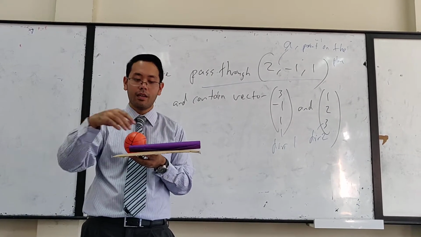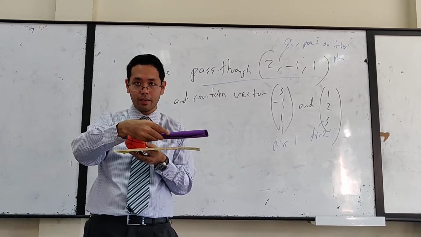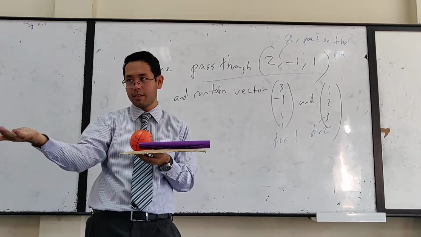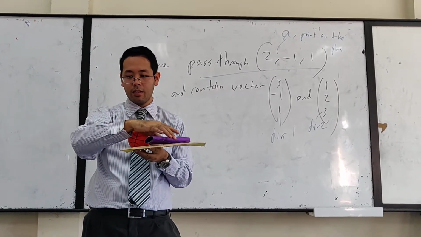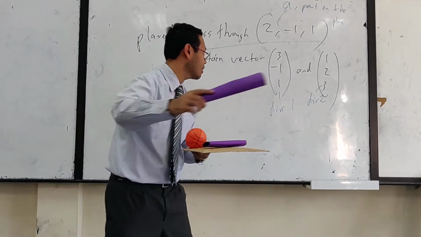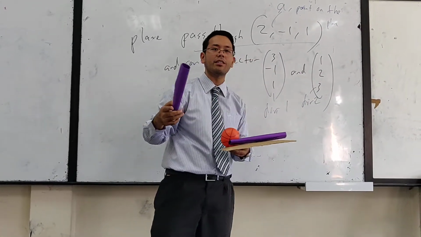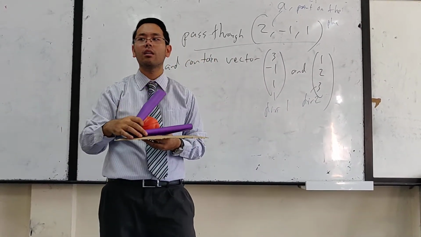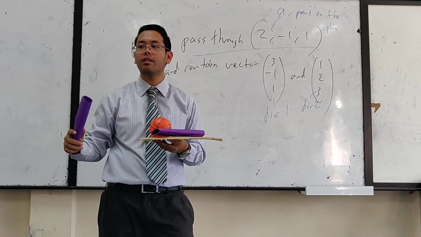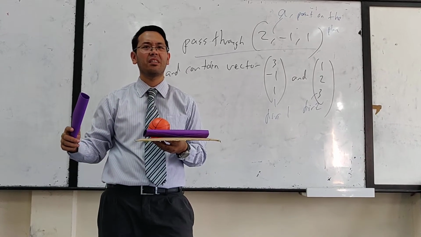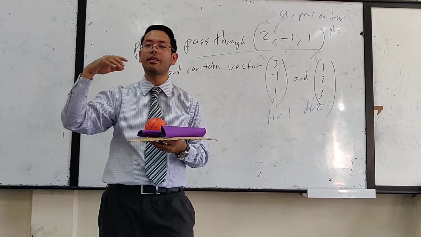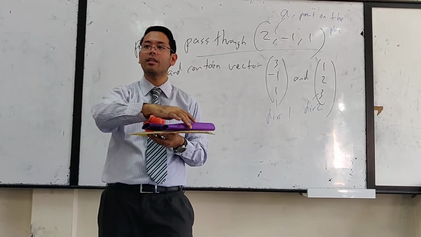Understand? Does it touch the line? We do not know. Let's just take it like that. Right? And there's also another vector, 1, 2, 3. Where is it? It's also contained there. Understand? Contained is like this.